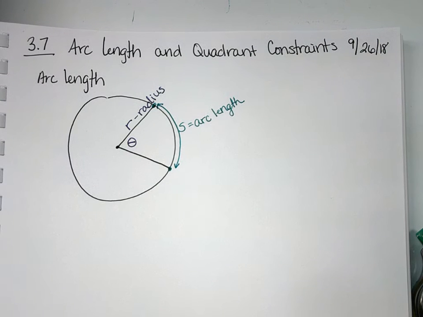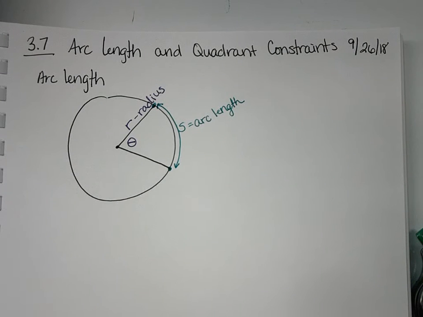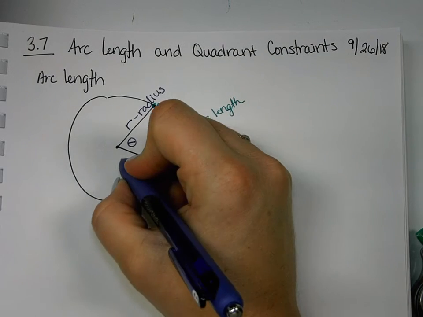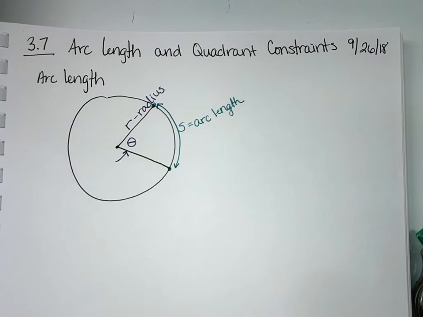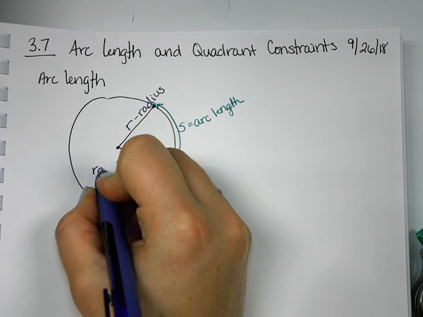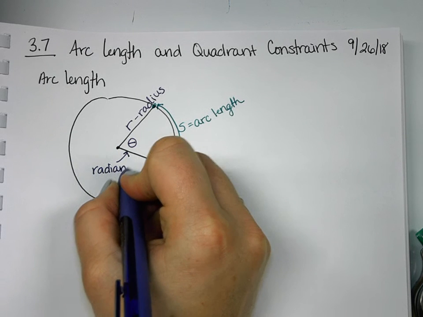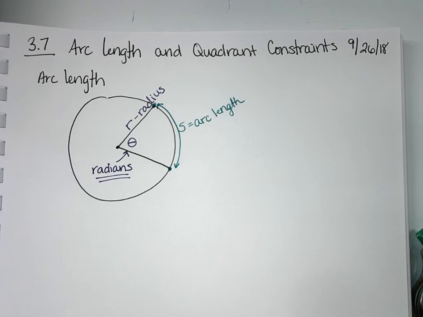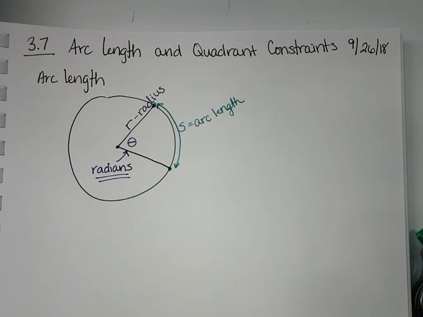Now in geometry, when we had that longer formula, we were always talking about our angle in degrees. This formula only works when that is in radians. So our angle has to be in radians. So if you're given an angle measurement in degrees, you want to convert it first and then use this formula.